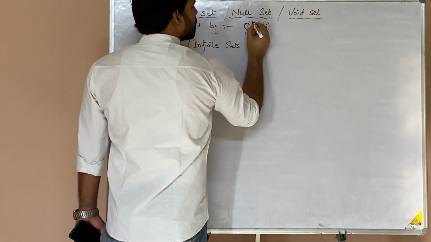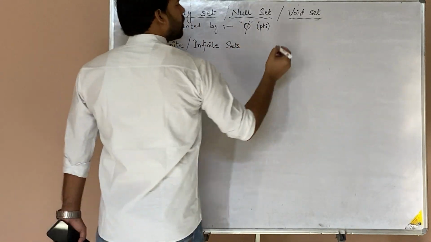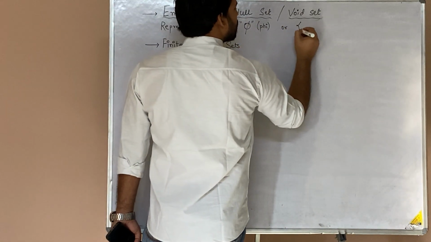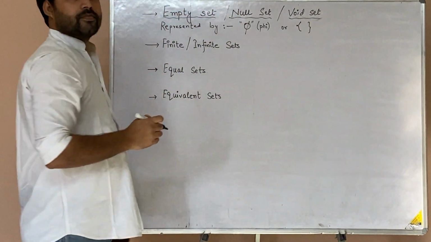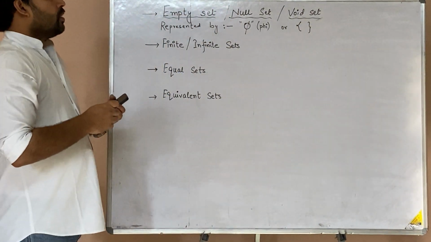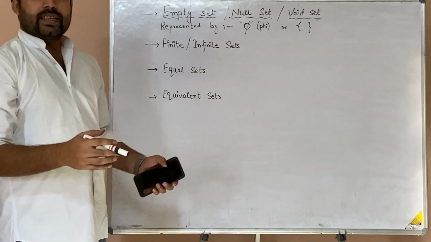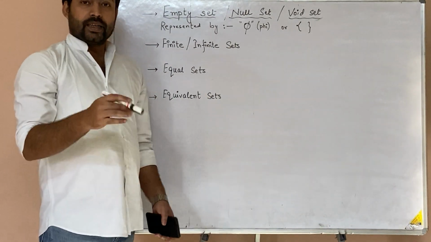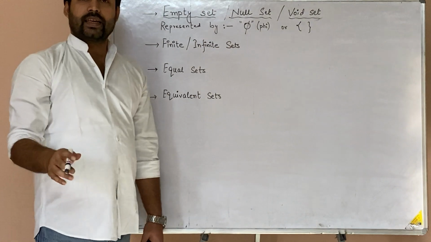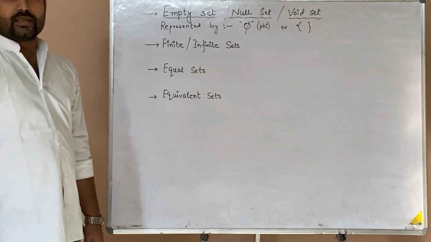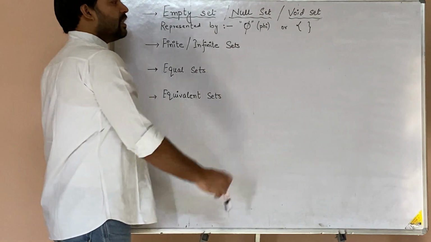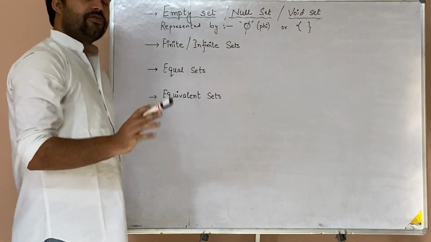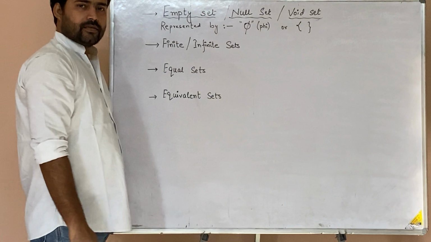Or an empty set like this. Just like you write any set as set A, set B, set C, capital letters, set N for natural, set R for real, set Q for rationals, similarly, set phi for empty set.